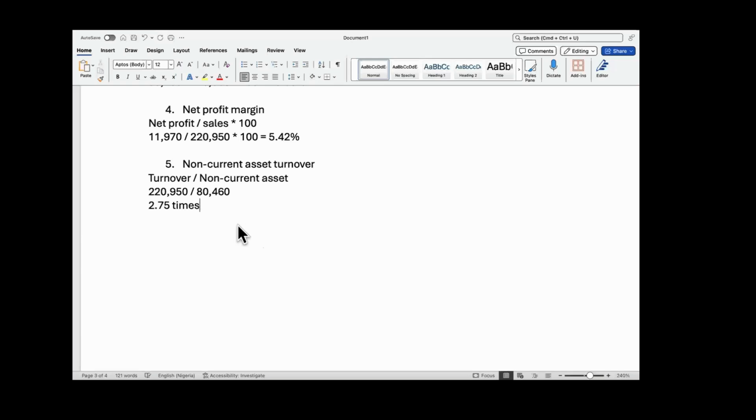Okay, in the exam, this is how you put it: times. It shows that this company is able to convert its assets 2.75 times to generate sales, which is not bad. See, some companies are doing 6 times, some will do 10 times. The higher, the better, of course.